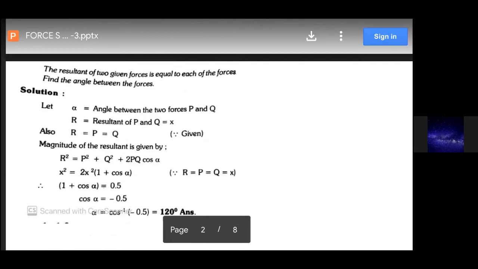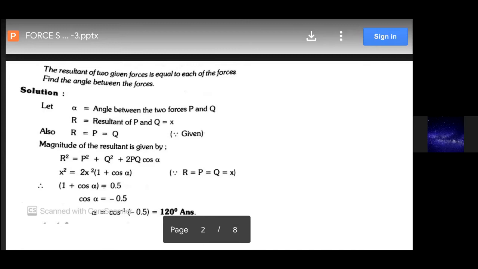The resultant of two given forces is equal to each of the forces. Find the angle between the forces. Here the two concurrent forces and the resultant, all three, are equal in magnitude, and we have to find the angle between the two forces.